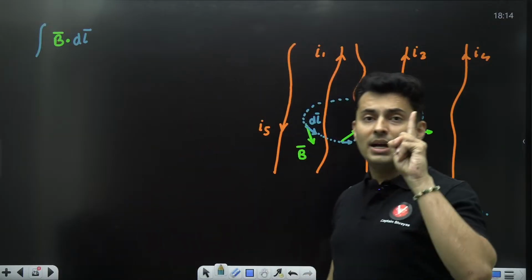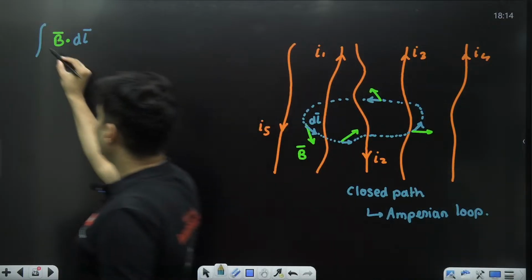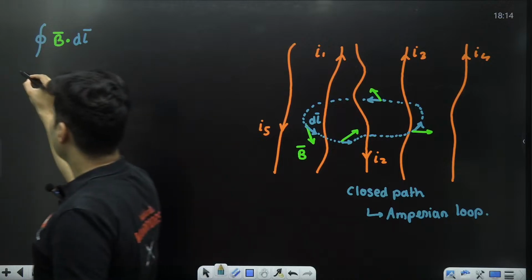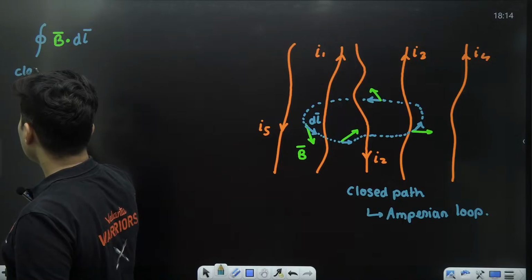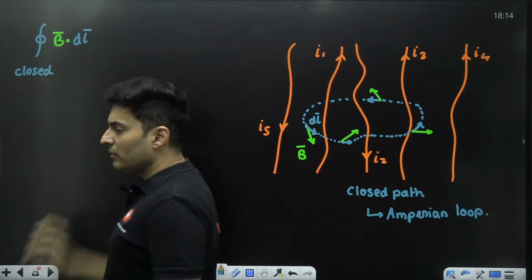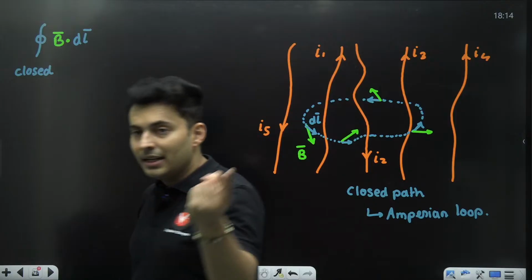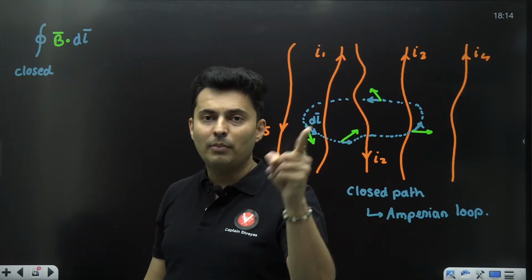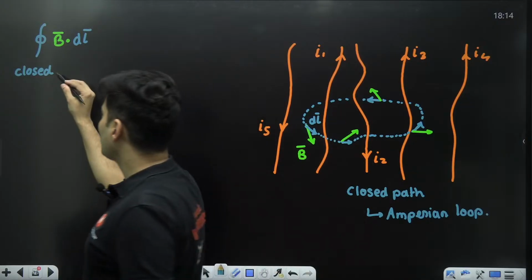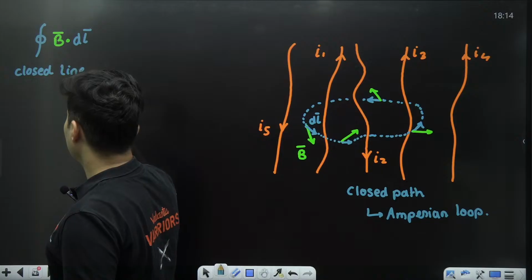But since you came back to the same point, that is why I will use this symbol. So this is a closed integral, but I am integrating not with respect to area, I am integrating with respect to the length or the path, or a line or a curve. So that is why this is called a closed line integral.